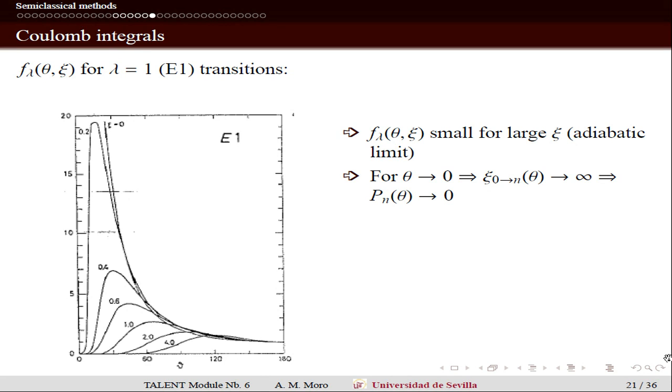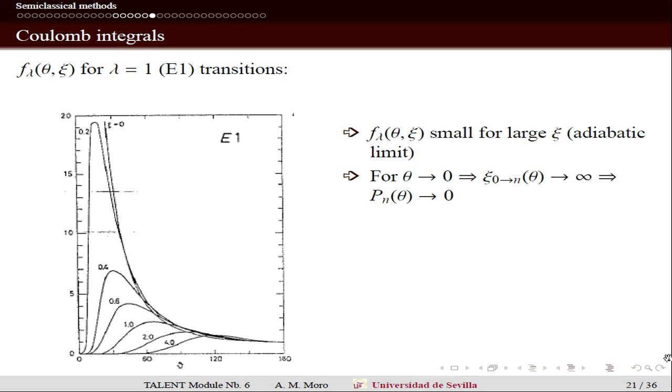This is already what we saw in the discussion of the first order approximation, because we have this exponential that contains this adiabaticity parameter in the argument. For large adiabaticity parameters, we have oscillations in this complex exponential that will tend to cancel the integral.